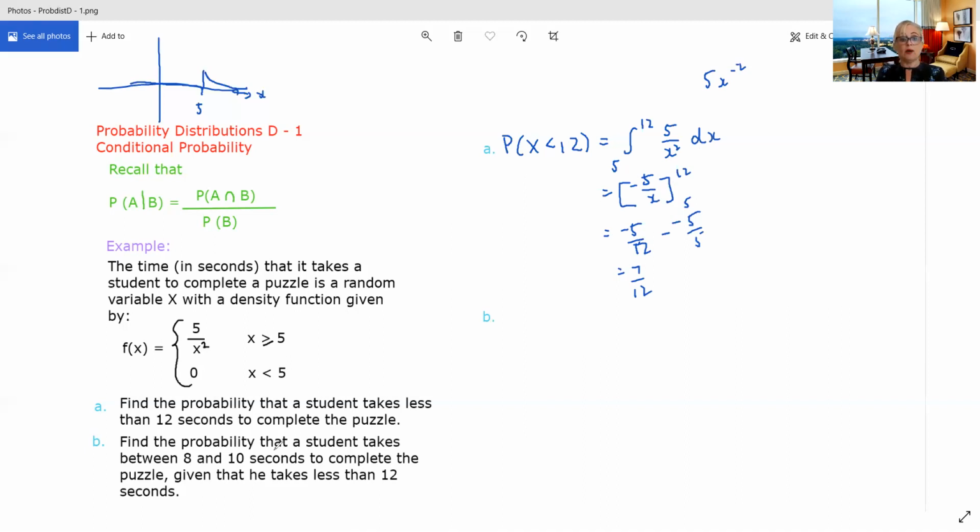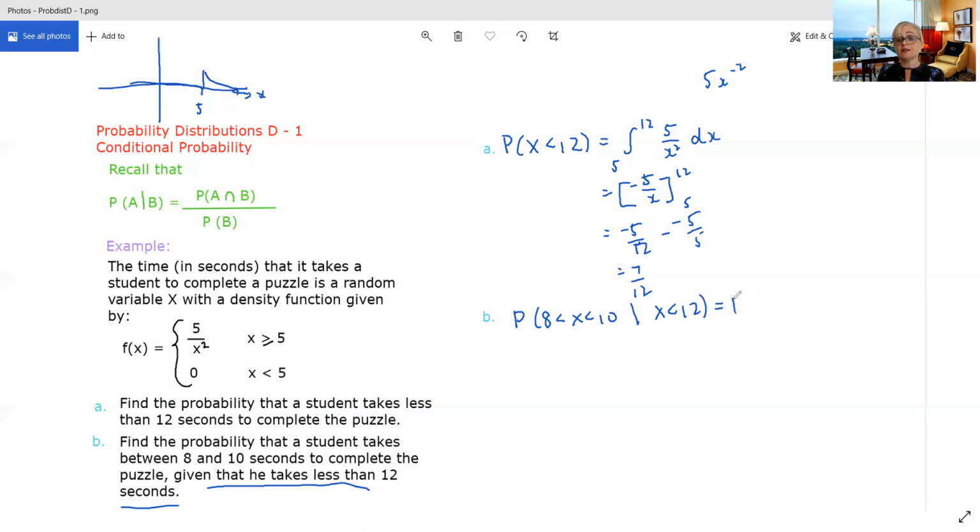All right, now we're asked for the probability that a student takes between 8 and 10 seconds, given that we know the student takes less than 12 seconds. So this is like our event B, less than 12 is our event B. So probability between 8 and 10, given that x is less than 12.